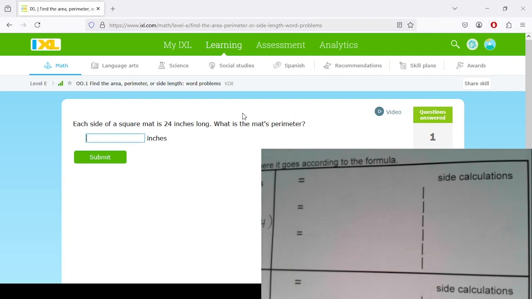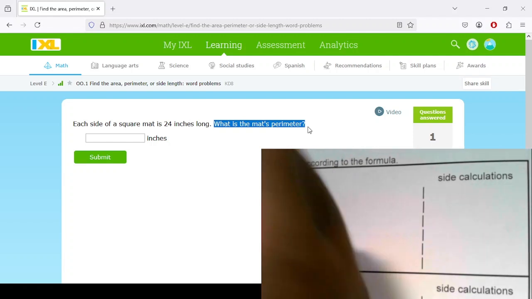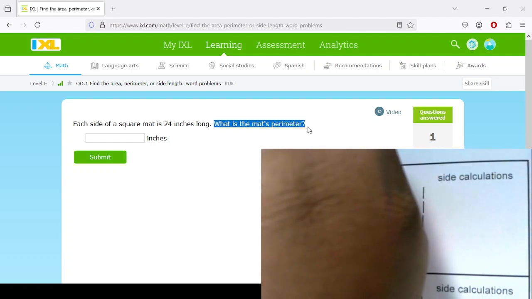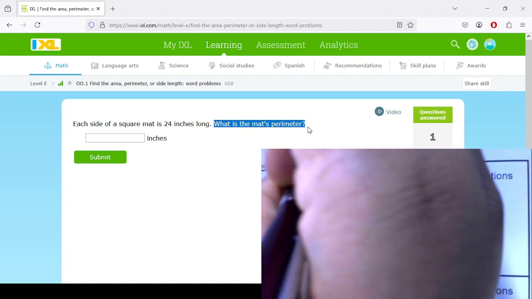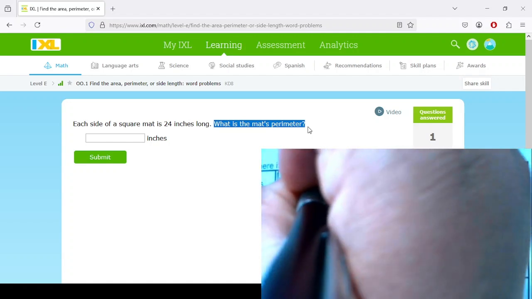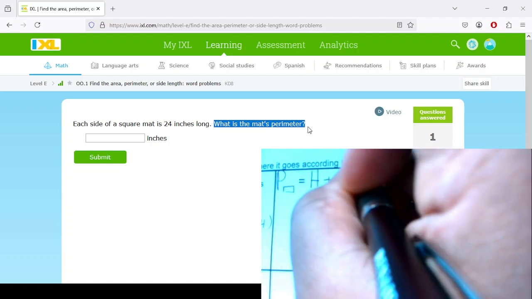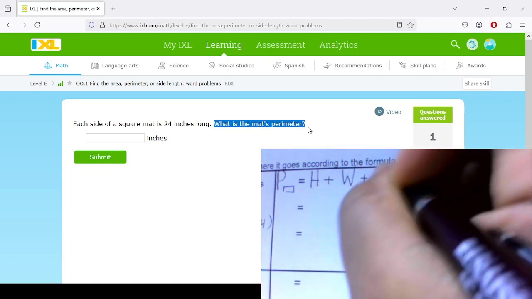And I am asked, what is the max perimeter? And because they asked me about perimeter, I'm going to immediately write perimeter of a rectangle is calculated by adding up the height and width of every side.